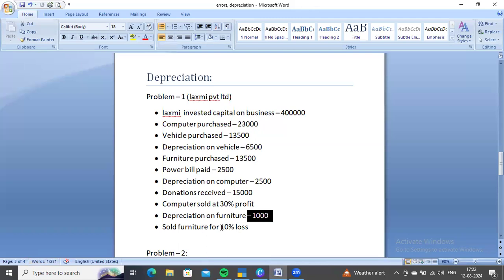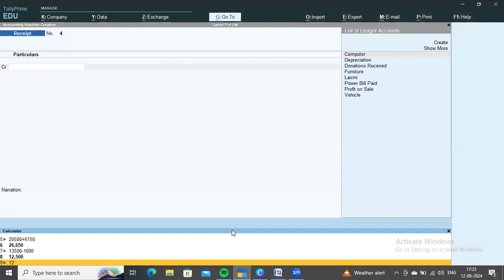In that, calculate 10% on 12,500. 12,500 into 10%, and the loss is 1,250. You need to subtract this 1,250 from 12,500 because you are selling the furniture for loss, right? That's why you need to subtract this from 12,500.